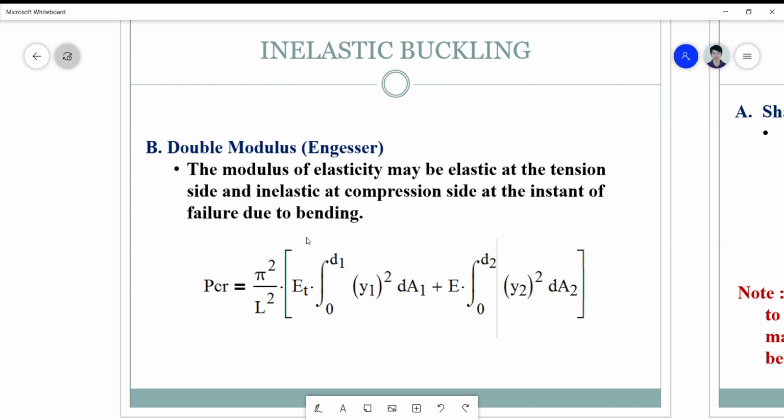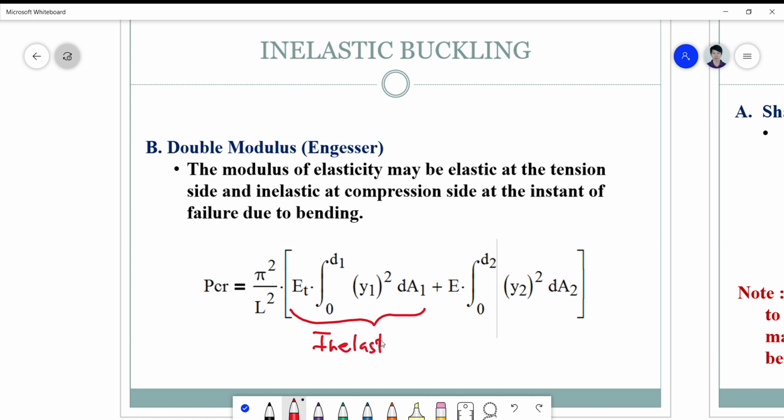Okay, so it simply gives us an indication that this is the inelastic part and this is the elastic part. So how do we know it?